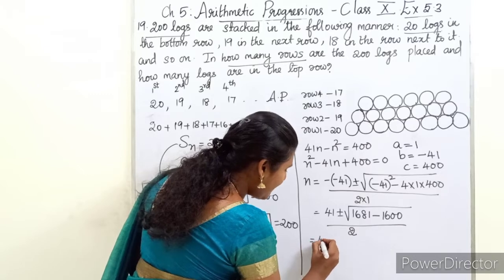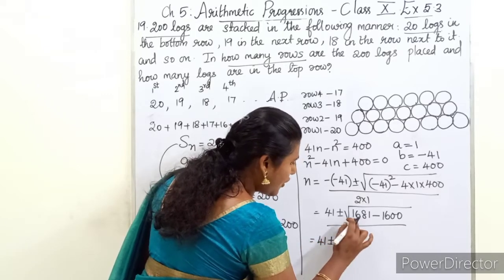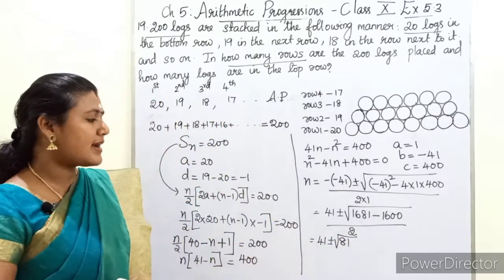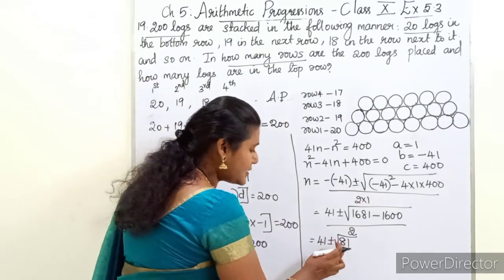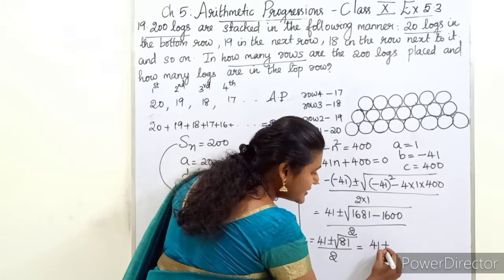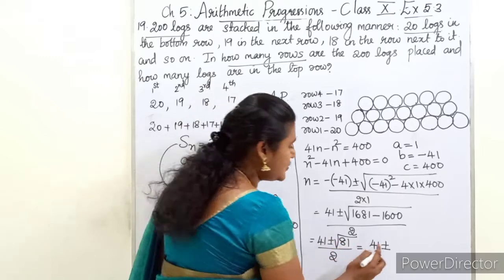When you subtract these two, 1681 minus 1600, you will get 81. So root 81 divided by 2, which is equal to 41 plus or minus, what is the square root of 81? 9.